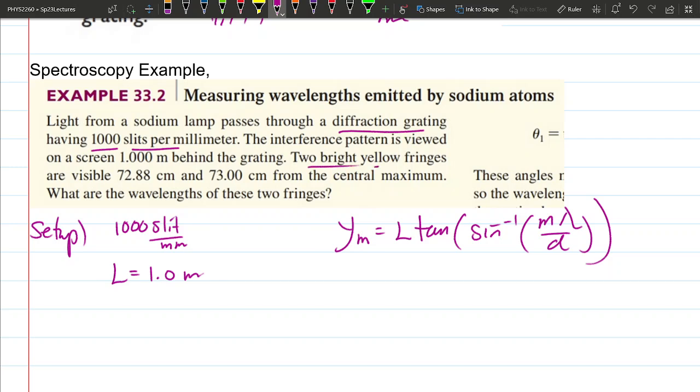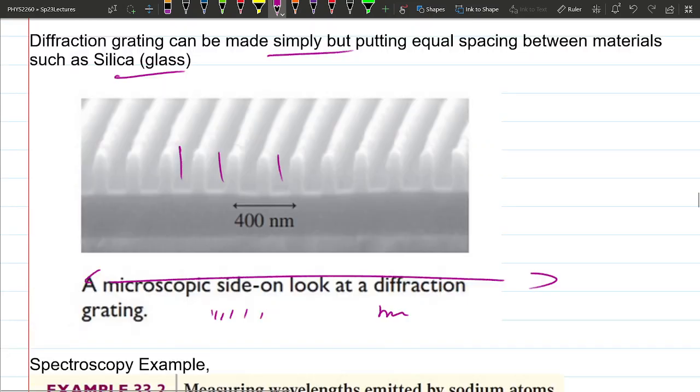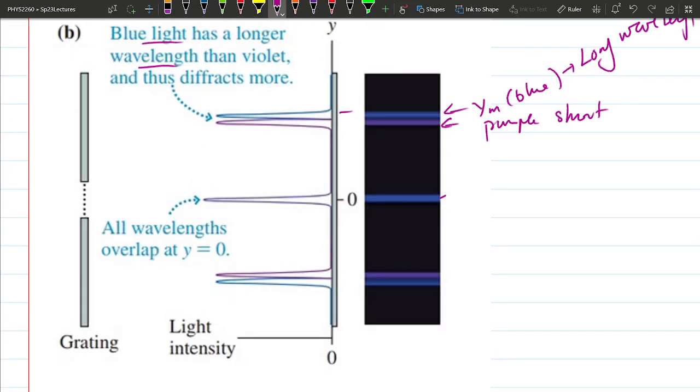And then two bright yellow fringes are visible at these distances. That means there are two different y sub m's, and these fringes are this distance away from the central maximum. If you go back up to the picture up here, the central maximum is here. If you're looking at these two fringes, that means m equals what? Well, if this is m equals 0, this will be m equals what? 1, exactly.